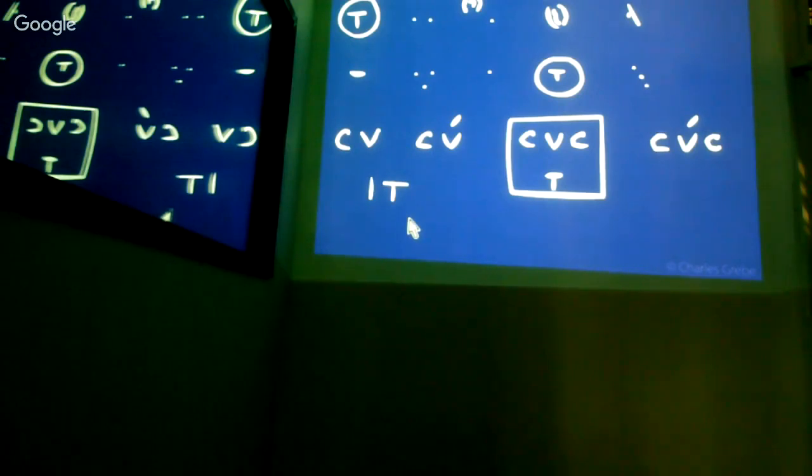That's because this methegh is causing a syllable break, so you don't have a closed syllable, you have an open syllable.